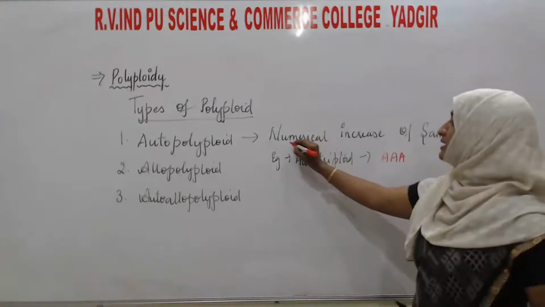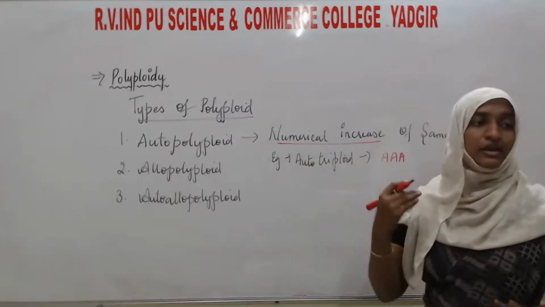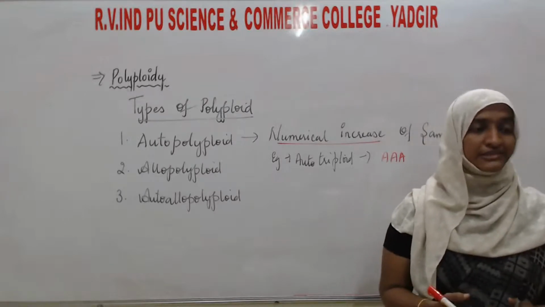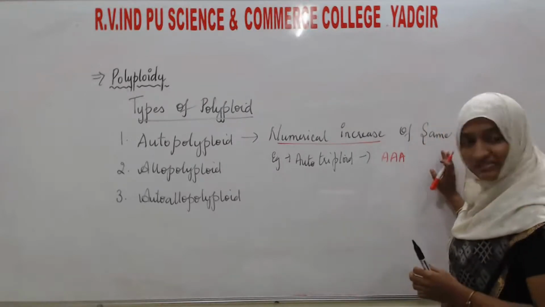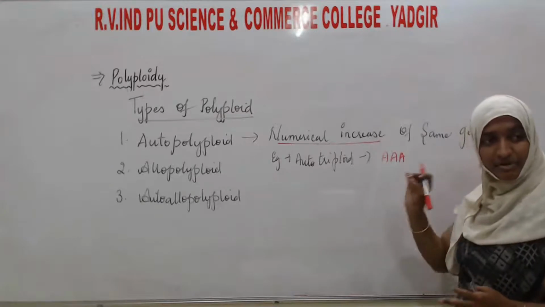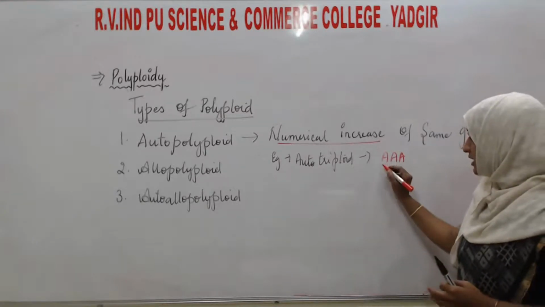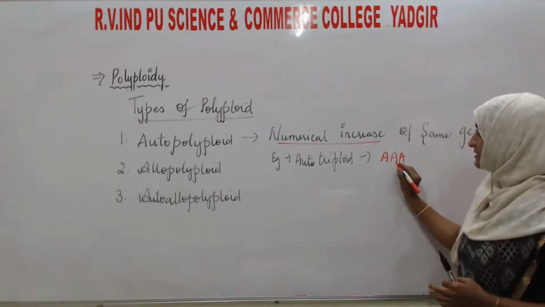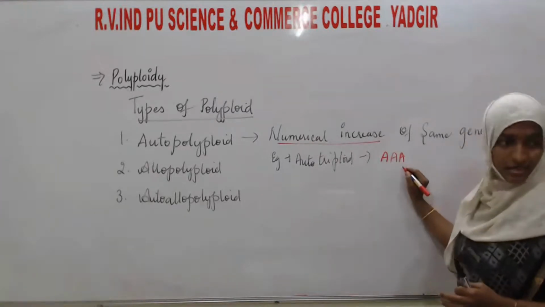See what they are telling: there is a numerical increase, the number of chromosomes is going to increase, the numerical increase of the same genome. Same genome means same chromosome. Here A increases once, twice and thrice.